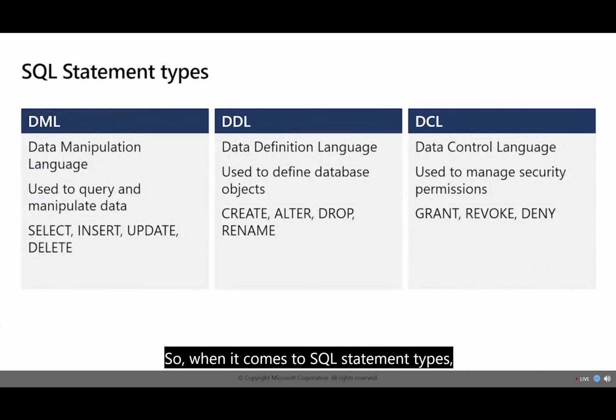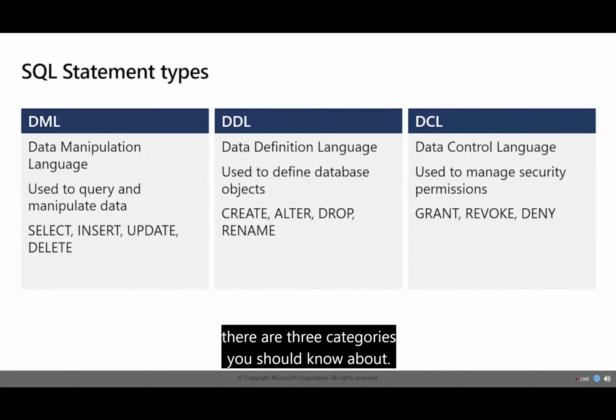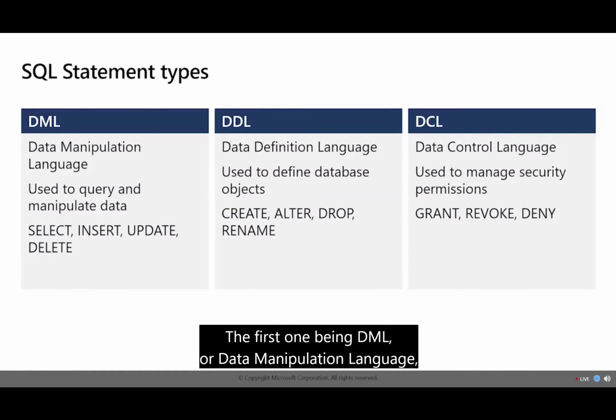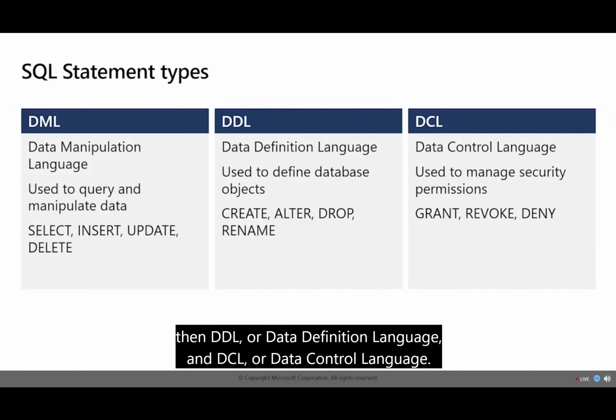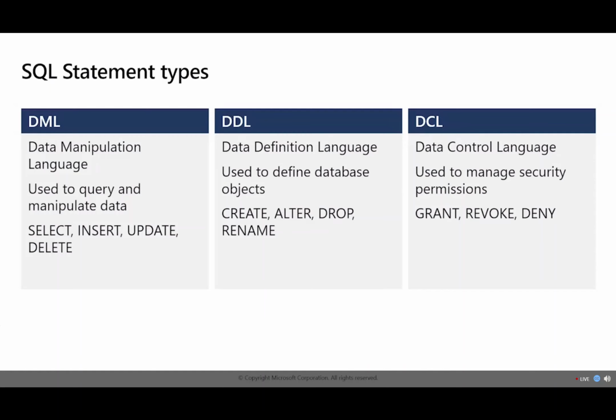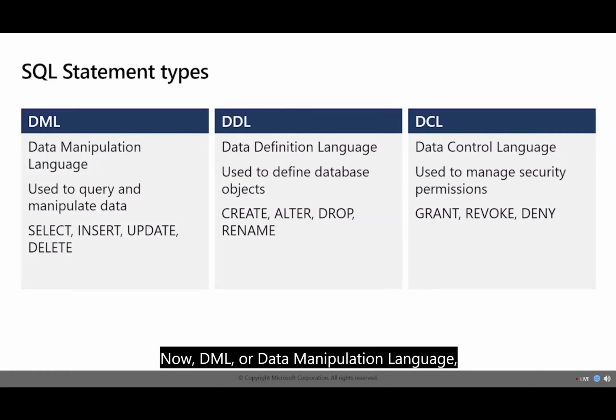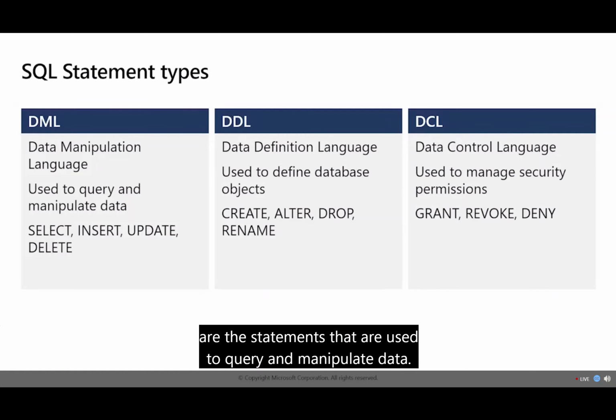So when it comes to SQL statement types, there are 3 categories you should know about. First one being DML, or Data Manipulation Language, DDL, or Data Definition Language, and DCL, Data Control Language. Now, DML are the statements that are used to query and manipulate data.